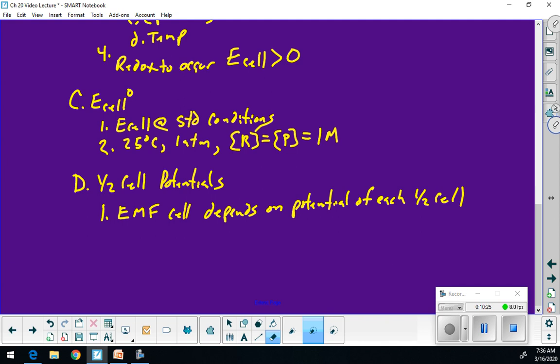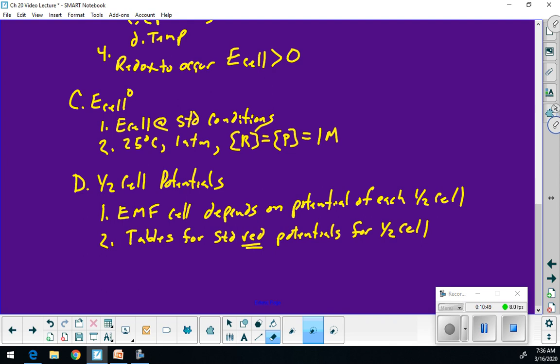All right, cool. And so then we could figure out the cell potential by looking at each half cell. And the beauty is there are tables for standard reduction potentials for half cells.